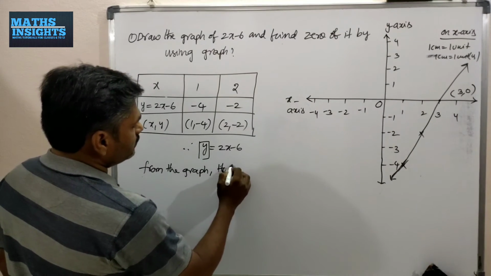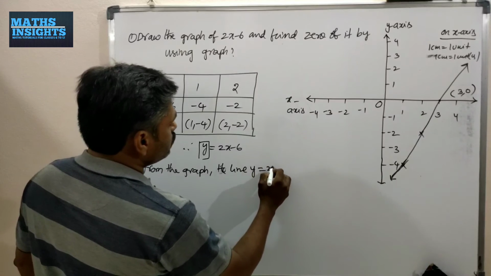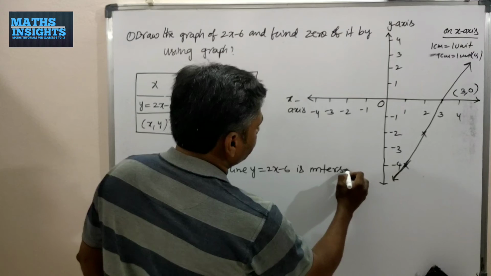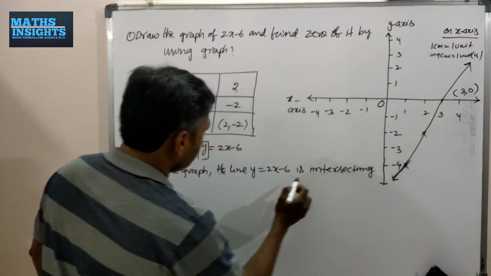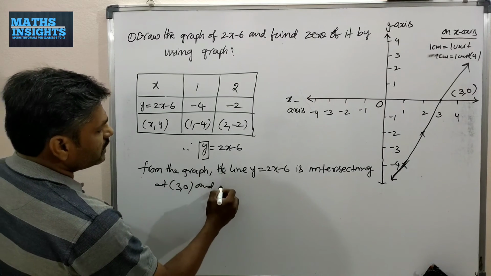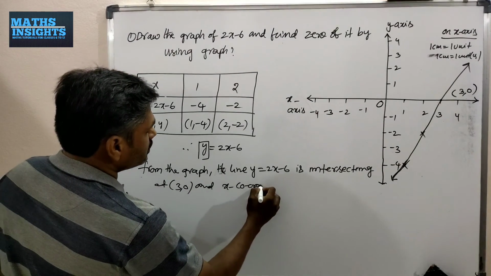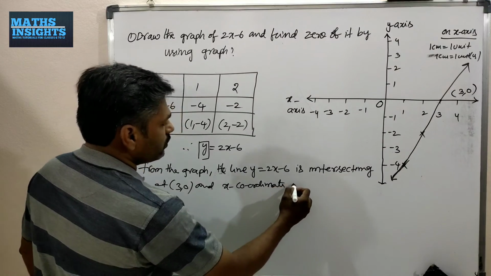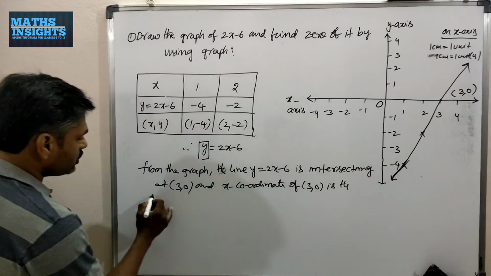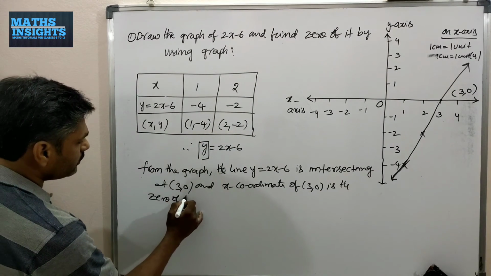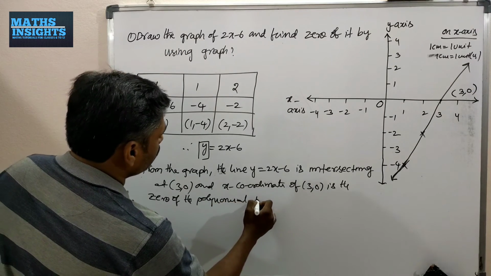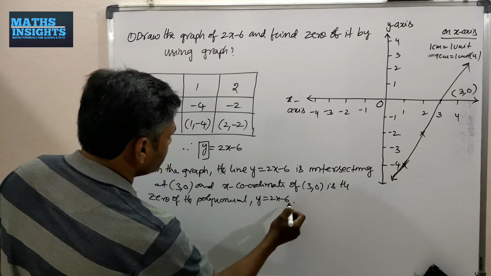So you have to write from the graph that the line y is equal to 2x minus 6 is intersecting at 3 comma 0, and the x coordinate of 3 comma 0 is the zero of the polynomial y equals 2x minus 6.